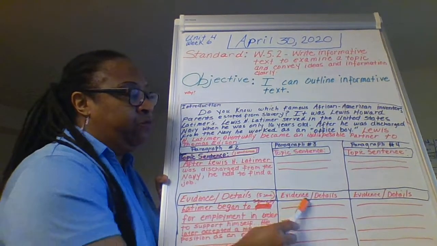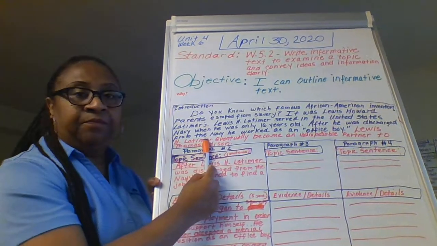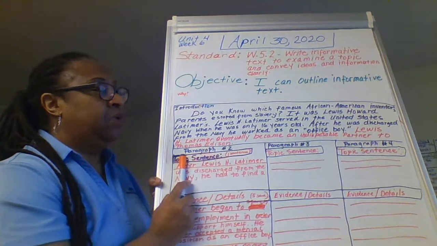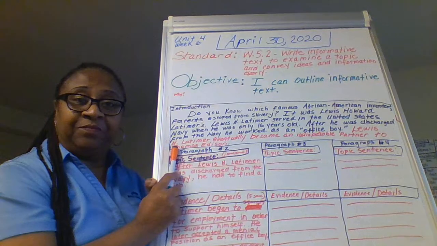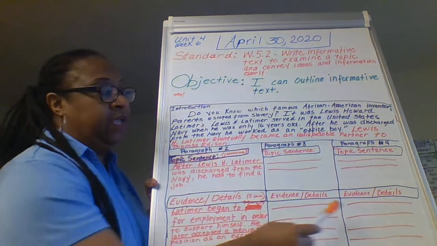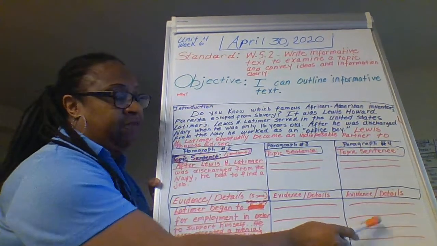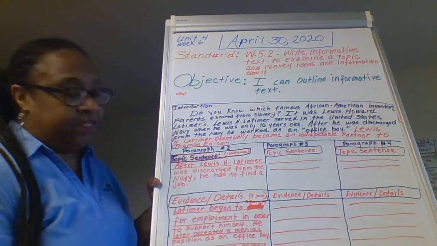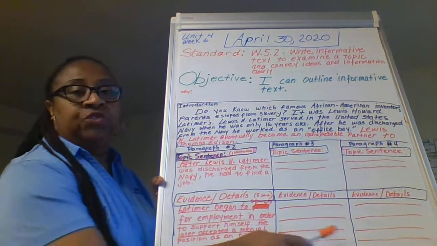These paragraphs will give us evidence that Lewis H. Latimer was an indispensable partner to Thomas Edison. So claim, supporting evidence. Claim, supporting evidence. Okay? So that is how we set up this outline. We're going to make a claim and then we're going to support it.